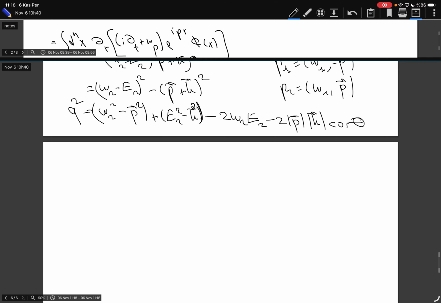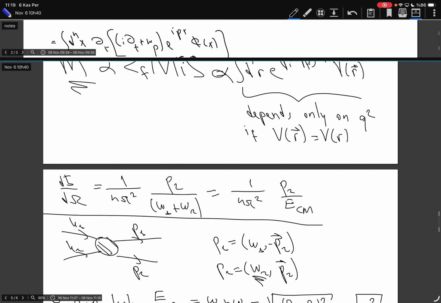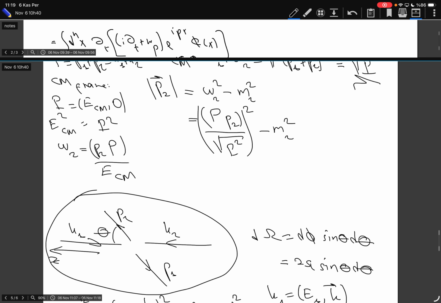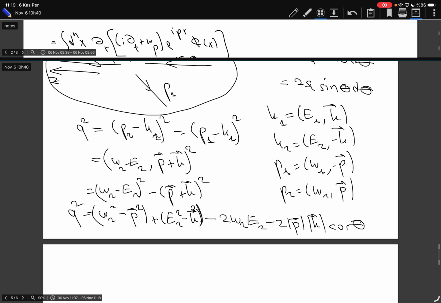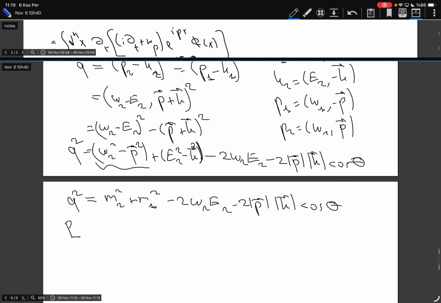Now what I'm trying to achieve is to show, at least I will not do all the derivation, but to show that I can write everything in terms of Q squared. You see here, the first one is omega 2 squared minus P squared, which is just M2 squared plus M1 squared minus 2 omega 2 E2 minus 2 P dot PK cosine theta. P is fixed.